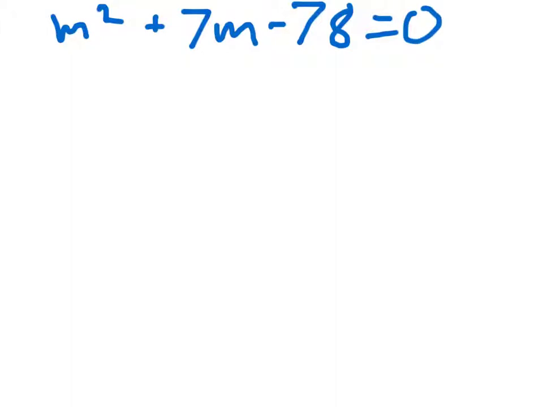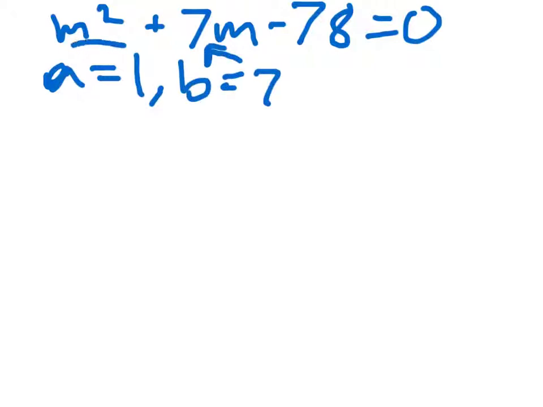So the next step we need to do is, once we have m squared plus 7m minus 78 equals 0, we can name a, which is 1, b, which is 7, and then c, which is negative 78.